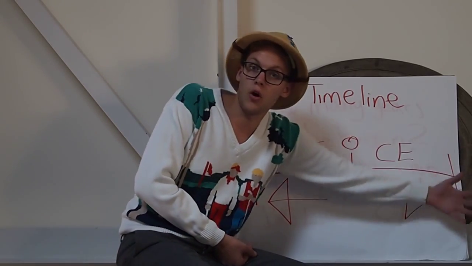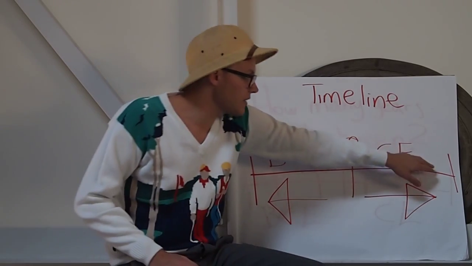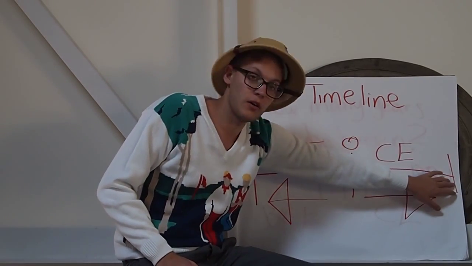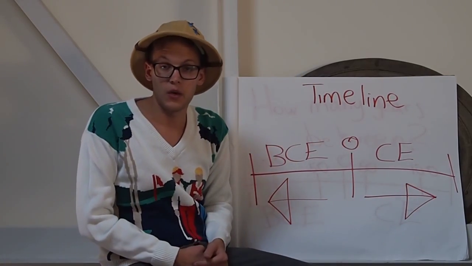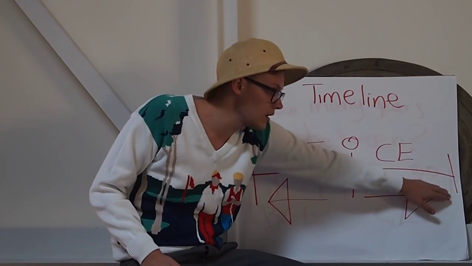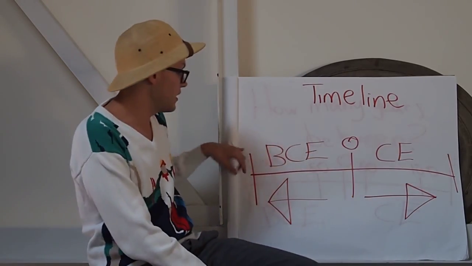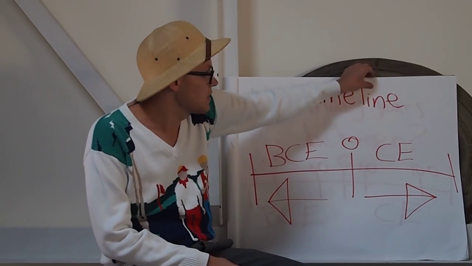The events go on and on. So if we had, let's just say, a 50 here, 50 CE, that would be a benchmark. It would show the viewer a quick representation of where exactly 50 is, as if 50 was over here in BCE.